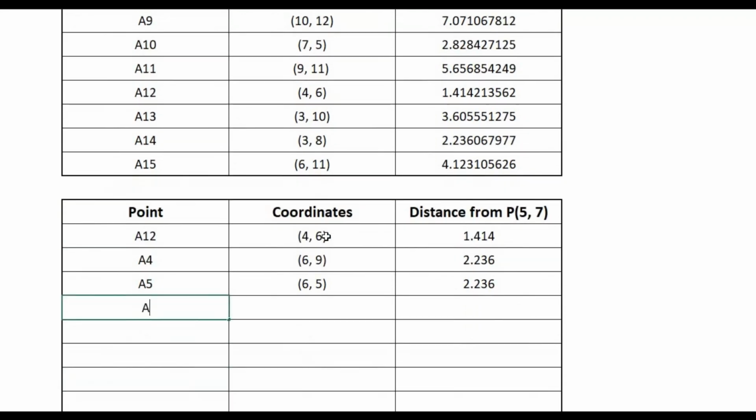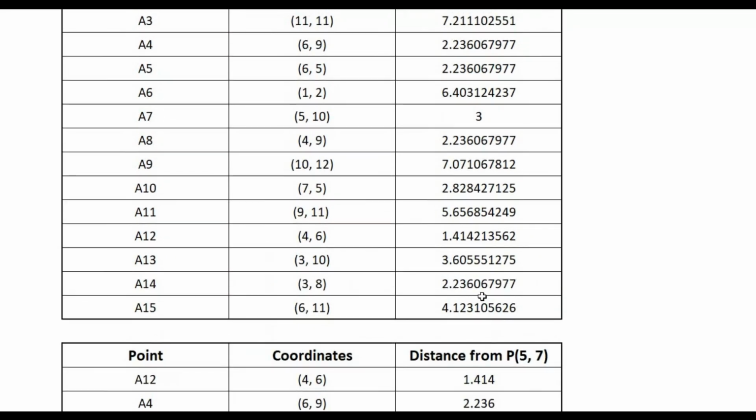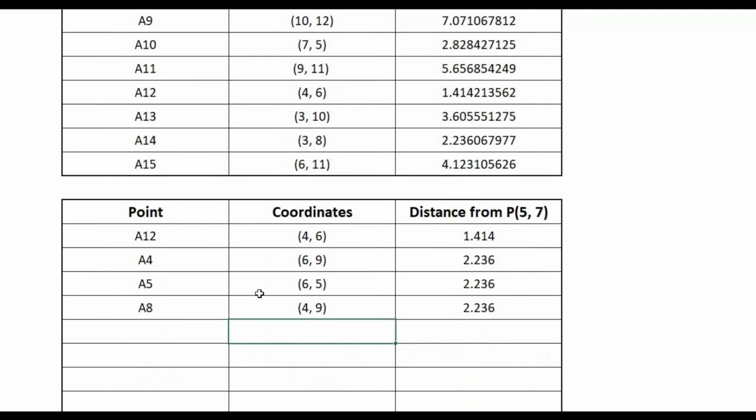A8, data point 4, 9, and the value is exactly the same. Now the next one, oh, we got another same value, A14. So A14, data point 3, 8, and the value is again the same.